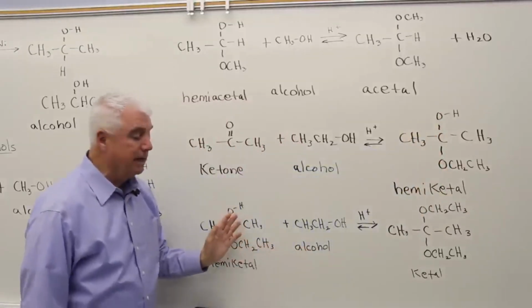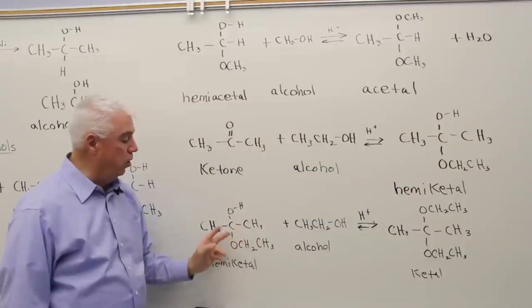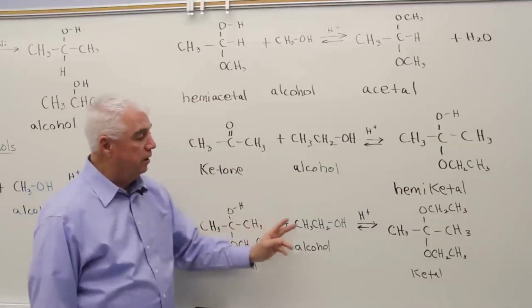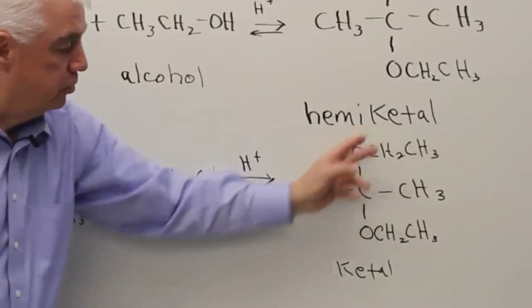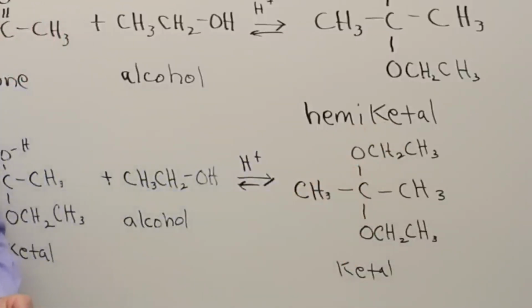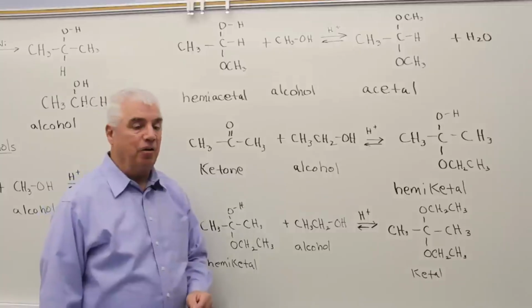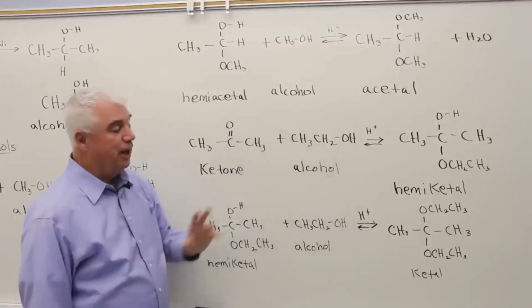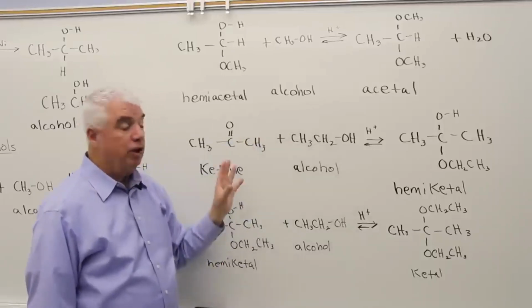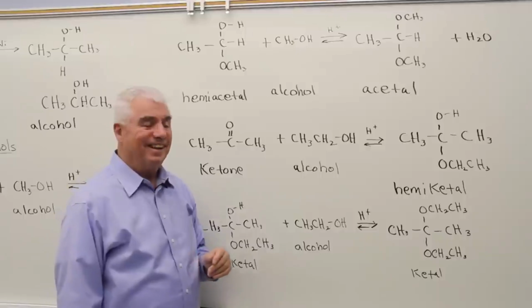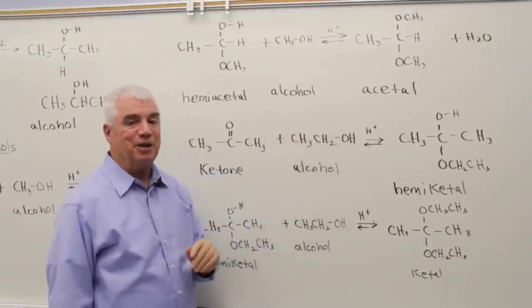And then if we react a second molecule of alcohol with that hemiketal, we get a product where the carbon now has 2 OR groups attached to it. That's the ketal. So again, put all the reactions on one page, and again, look at them several times, and they'll start to make some sense to you.